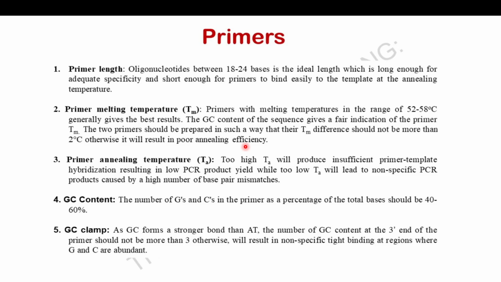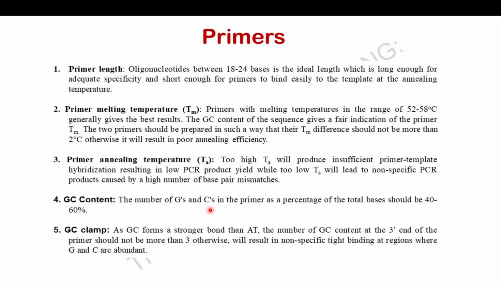So that won't really help in this scenario. Okay. And primer annealing temperature shouldn't be too high. It can produce insufficient primer template hybridization. Okay. So that will again give low PCR product yield, while a low primer annealing temperature will lead to non-specific PCR product. Okay. GC content, we talked about it.